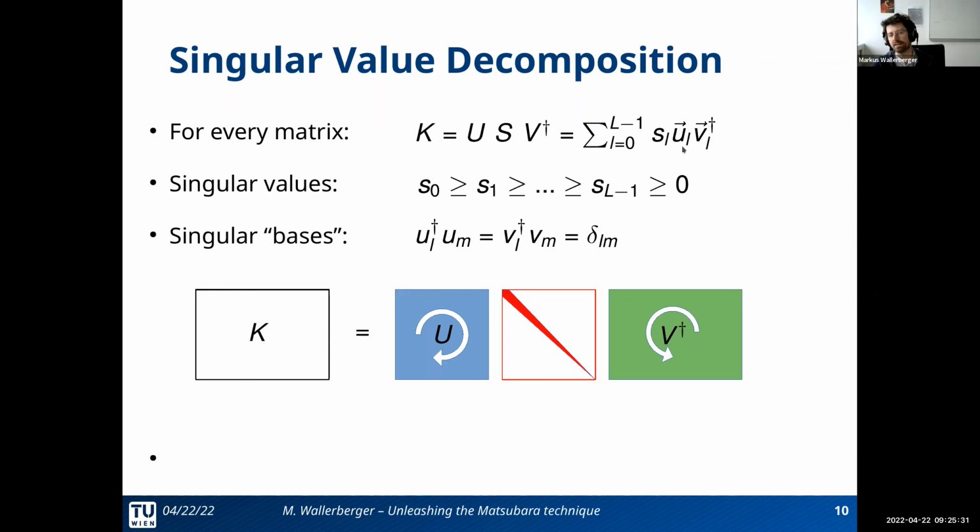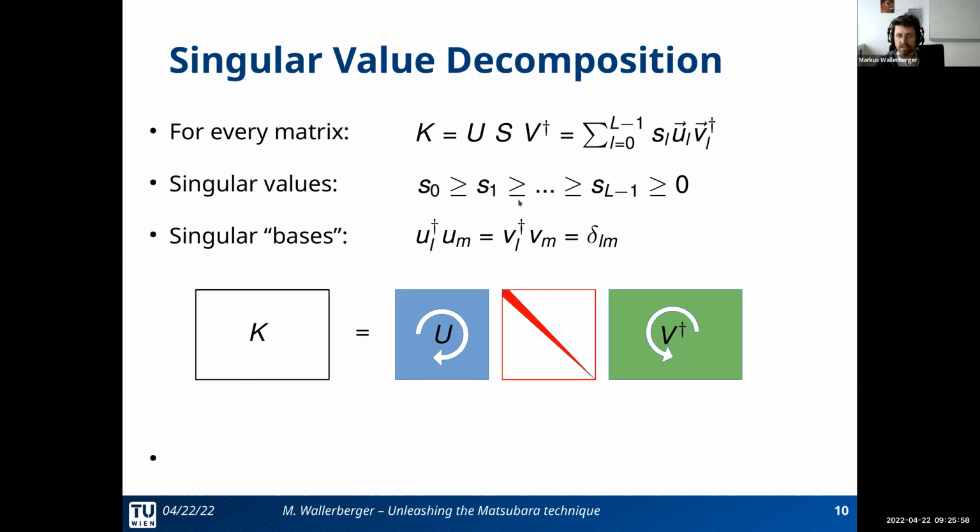And you can write that in terms of these unitary vectors. That's again a set of projections scaled by what's called a singular value. These singular values, you order them. The largest singular value you call S0, and then they become smaller and smaller, and they're all positive, or non-negative, I should say. So you order them by magnitude and they're non-negative.